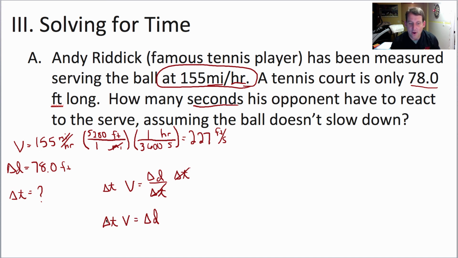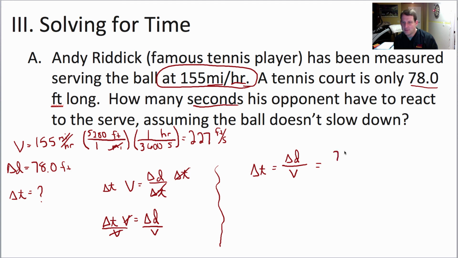Notice we haven't solved for the change in time yet. It's still here, but we have at least gotten out of the bottom of the fraction. One more step left: to get rid of a times V, you simply divide by V. If you divide one side, you've got to divide both sides. The V's cancel, and you get a final equation of delta T is equal to the change in distance divided by the velocity. At this point, we're ready to plug numbers in.